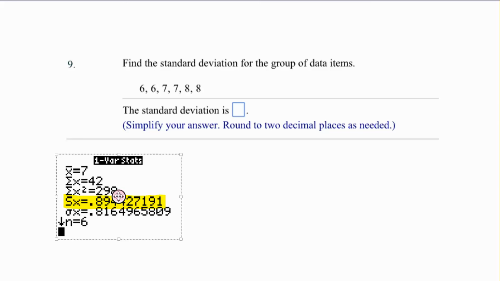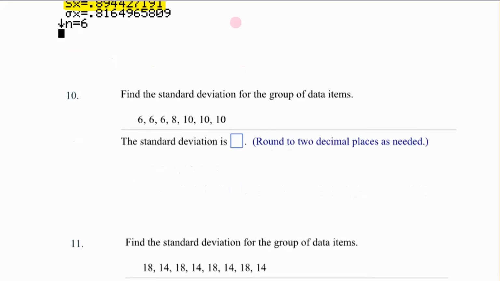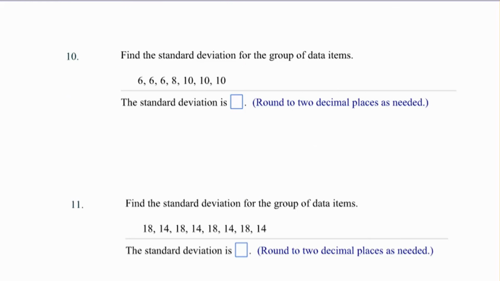Sorry about that little crosshair there. It is 0.89. That's my standard deviation. So the average dispersion of each number in the group from the mean is approximately 0.89.